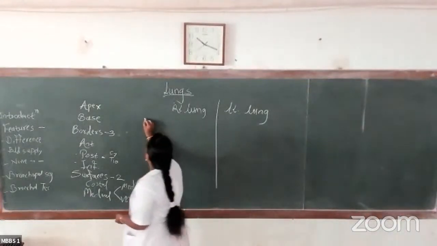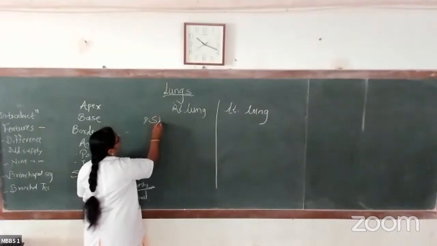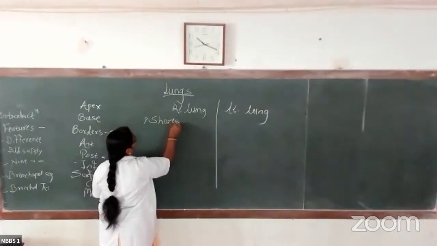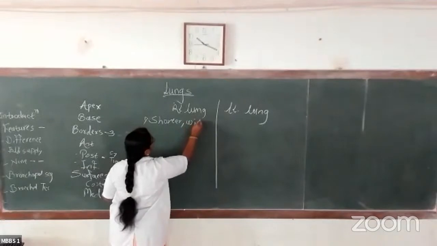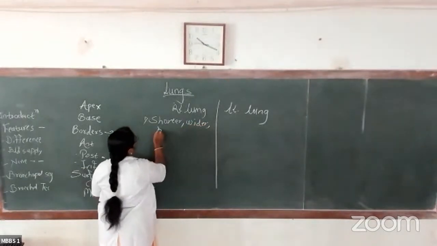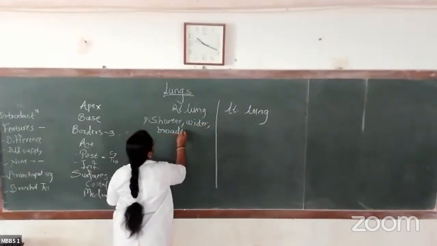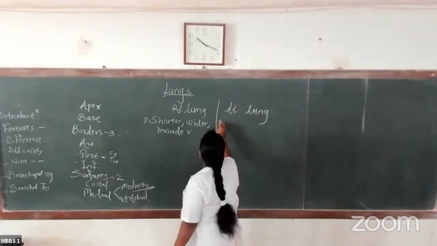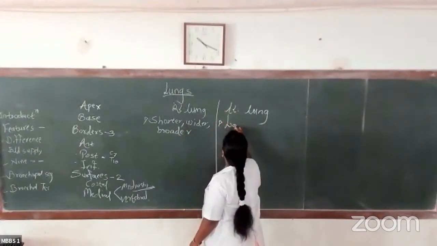Now the right lung, first it is shorter, wider, that is broader. Left lung is long and narrow.